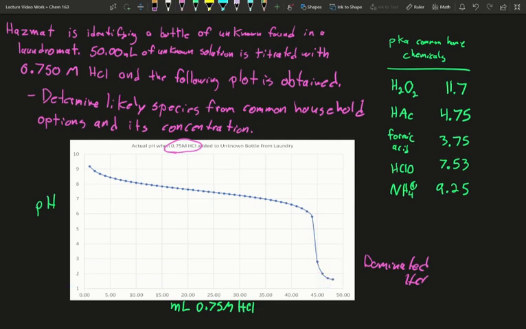With 0.75 molar HCl being added and all the other species consumed, we should be pretty low in pH. That means this change here must be when we're reaching the equivalence point, when whatever our basic species is has just been matched by the strong acid we're adding. So that would be somewhere around the middle here.